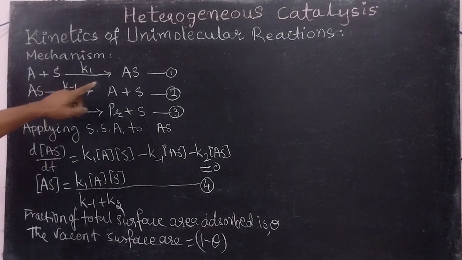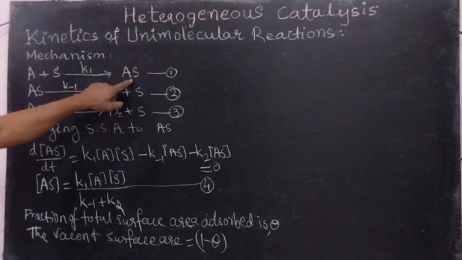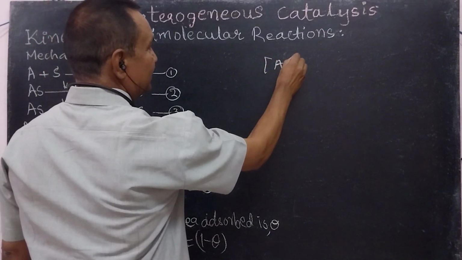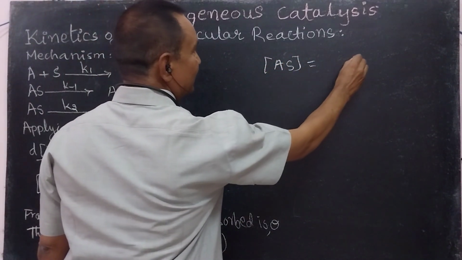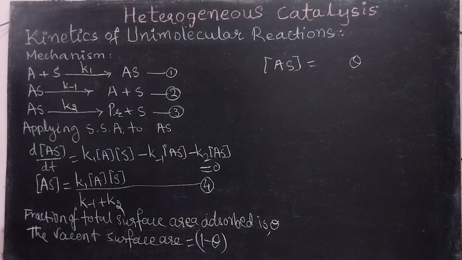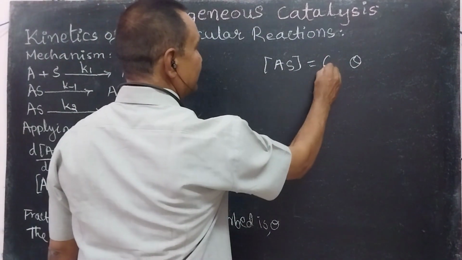Then here the AS is formed at the surface. The concentration of AS depends upon the fraction of the total area absorbed. Then one proportionality constant is CS.